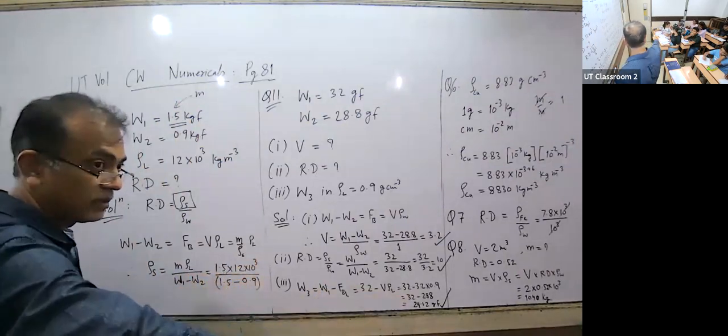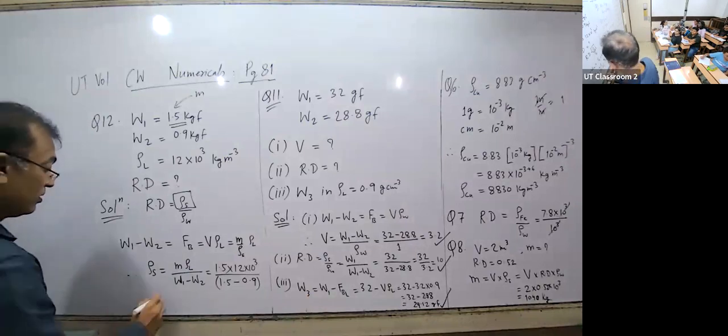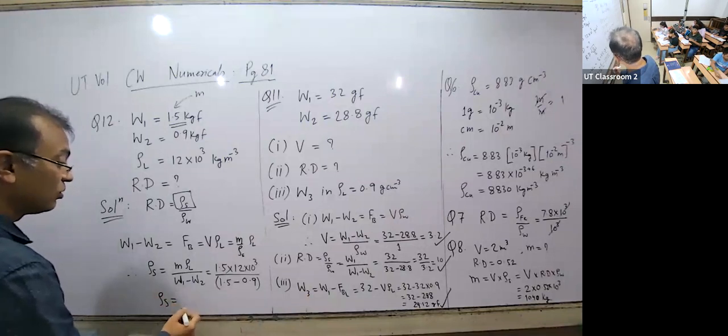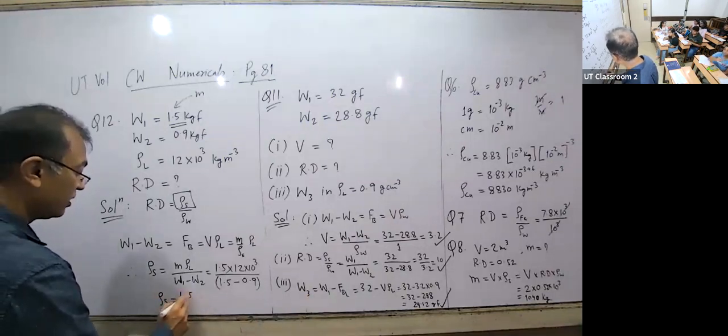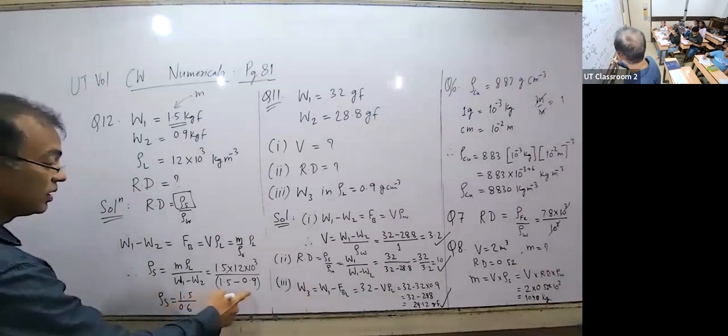You are my calculation assistant. Calculator, I am relying on you for calculation help. It's correct. How much is density of the... So कितना हो गया भाई बताओ मेरे को, 1.5 divided by 0.6 हो गया ना. ये कितना हुआ?